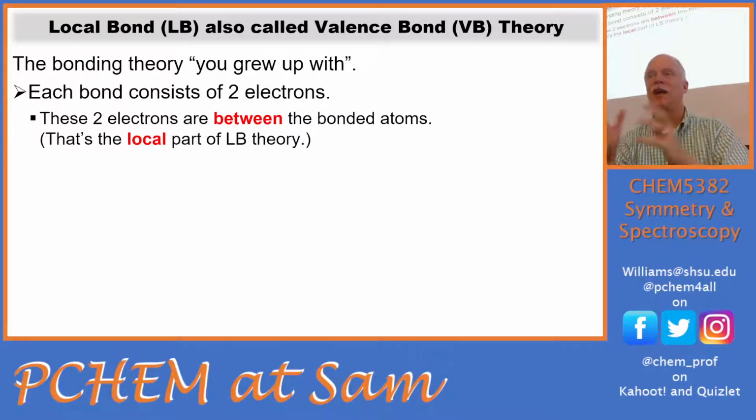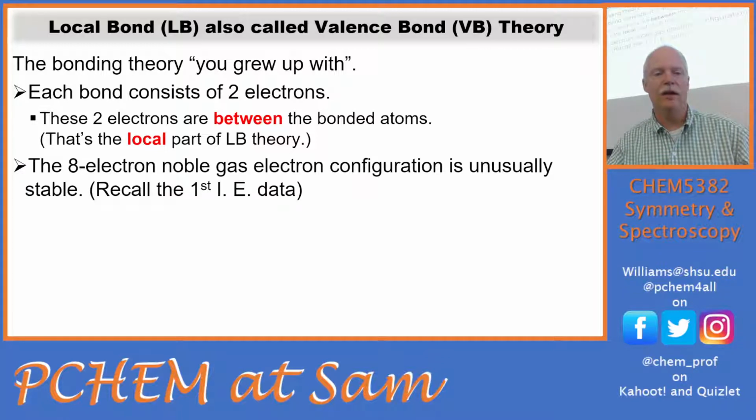It gets to count that extra electron, and it has a 3p6 configuration. Everybody has their filled subshells. And because they're sharing the electron, that's covalent. That's what that word means. It's in both valences at once. And these 2 electrons are what make a bond in the local bond theory.